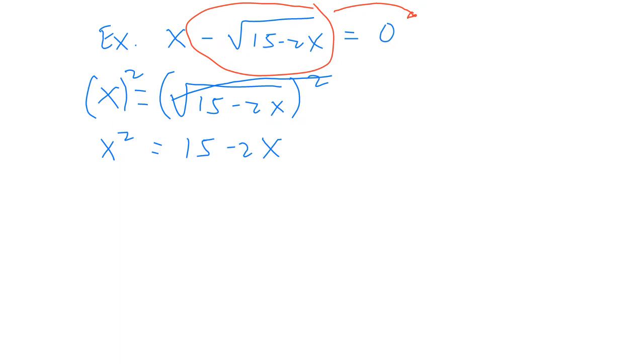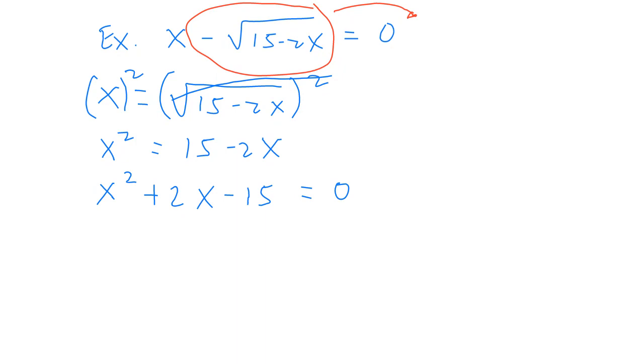And then put this in one side of the equation to form a quadratic equation. So I move negative 2x to the left, becomes positive 2x. I will move 15 to the left, becomes minus 15. And then the right side now is equal to 0.